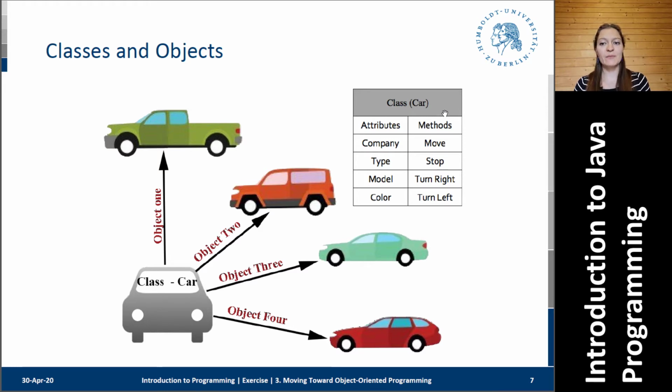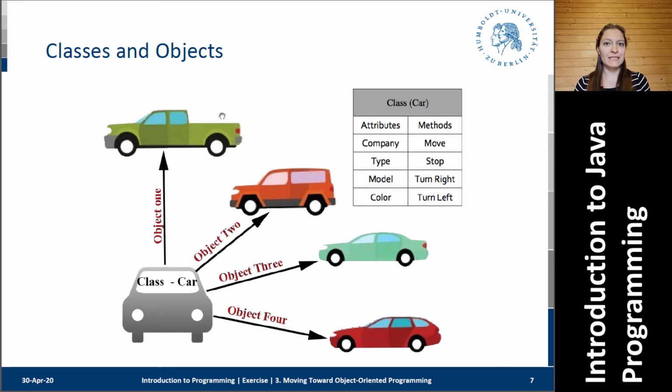At the same time, the class has methods that describe the behavior of objects, for example move, stop, turn right, turn left. So these attributes and methods belong to the class car here. And then you are instantiating, initializing objects.